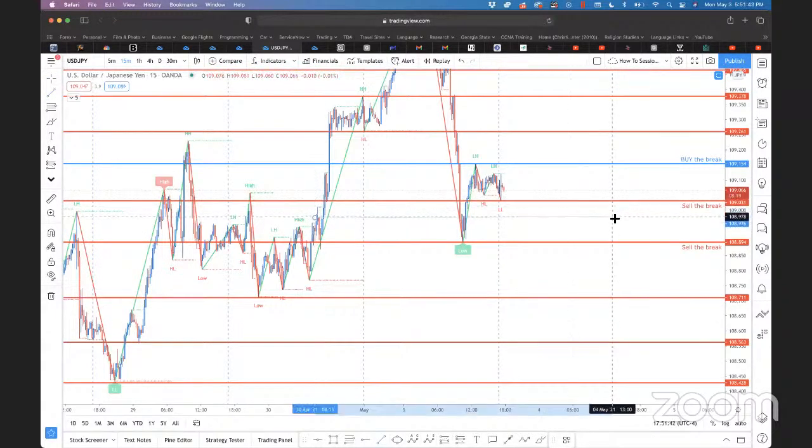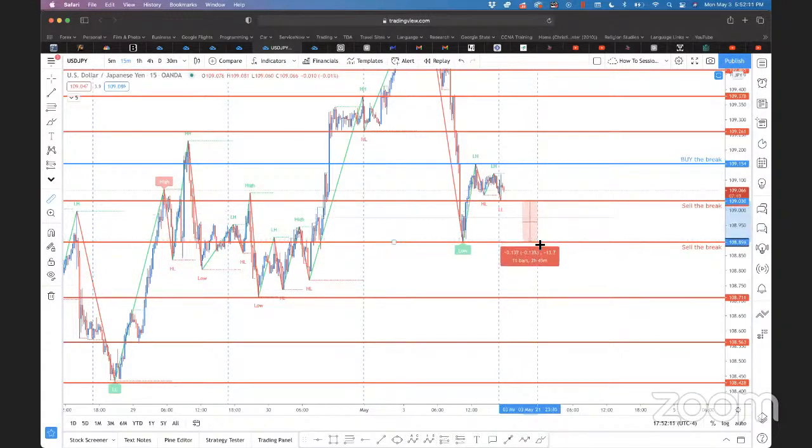Even though they're on the 15-minute, order blocks can do a lot of damage, right? If I get in here, I only got basically 5 pips before I'm in an area where this trade could turn around on me, right? And if I'm lucky enough, I can get down to this area, but that's only 13 pips.